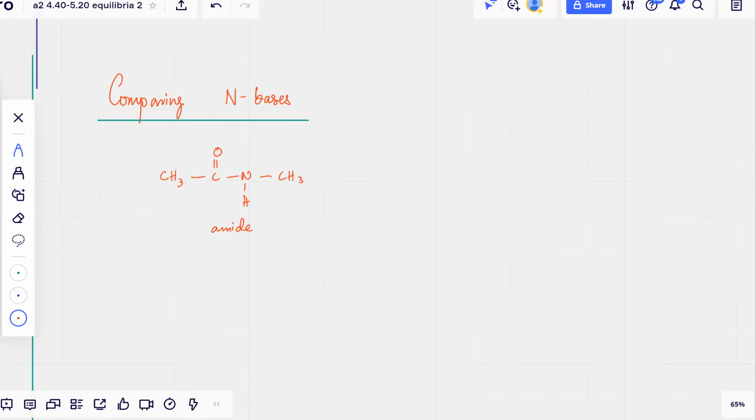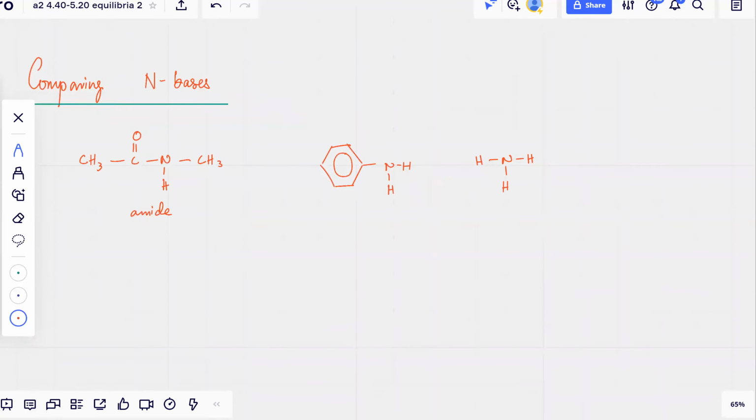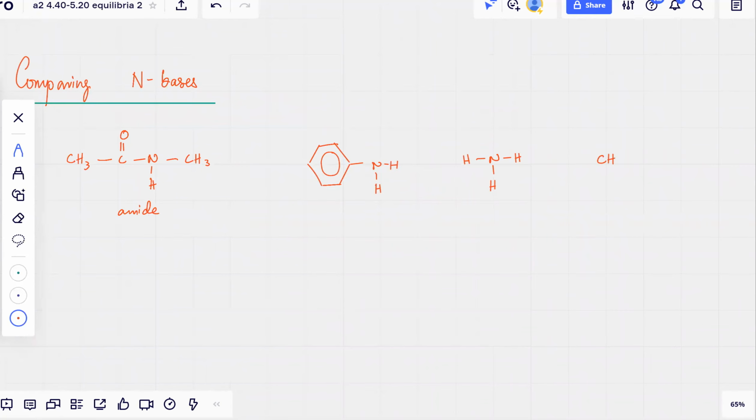Then you've got phenylamine, and then we can include ammonia, NH3, and the last one is an alkylamine, which is a carbon chain with NH2.